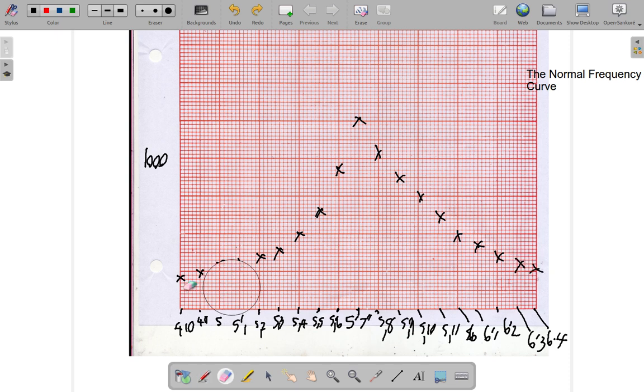Alright, just for argument's sake, we have these dots or markings or plottings, and we draw a curve like that. Alright, you get the general shape of a normal curve. Far from perfect, but you get the idea.